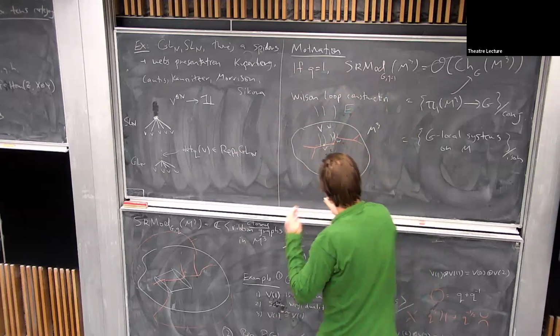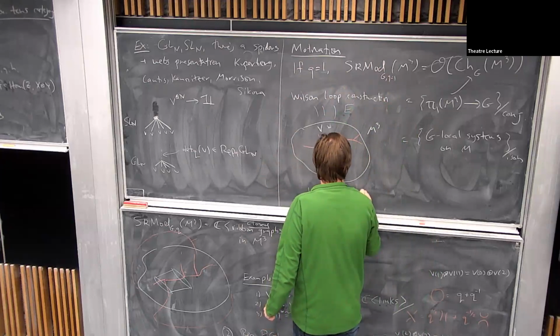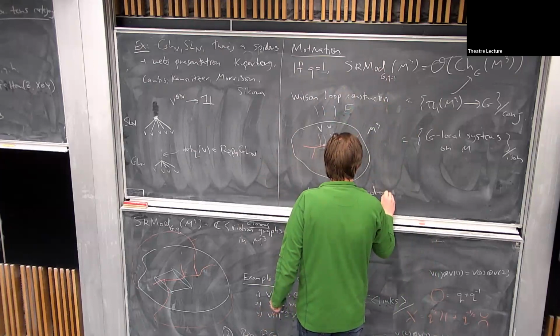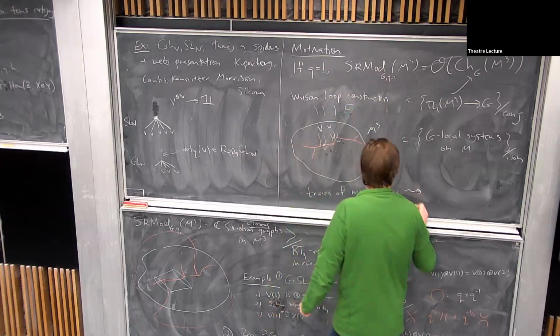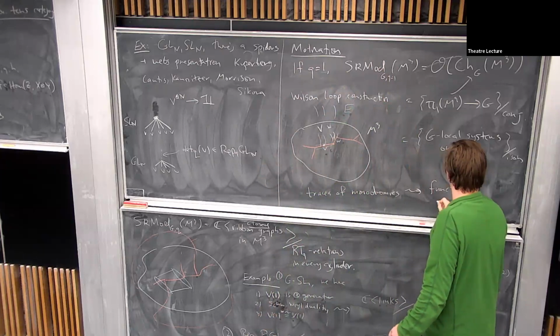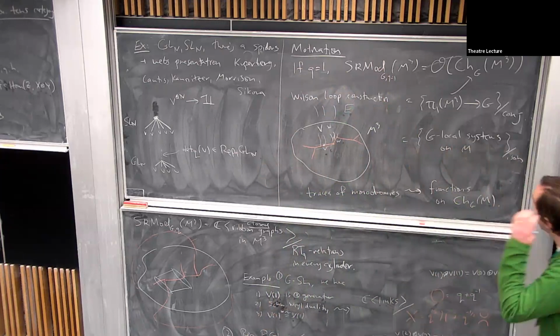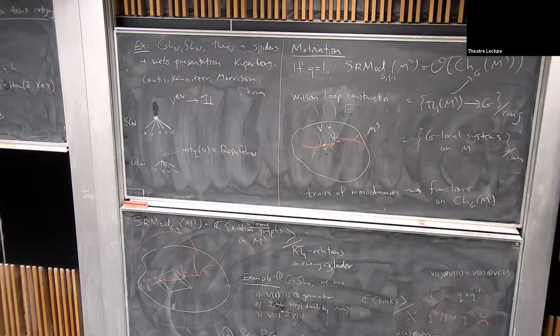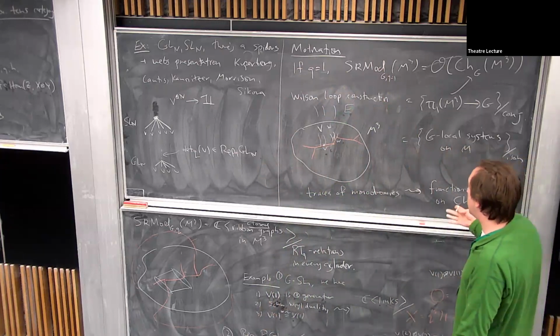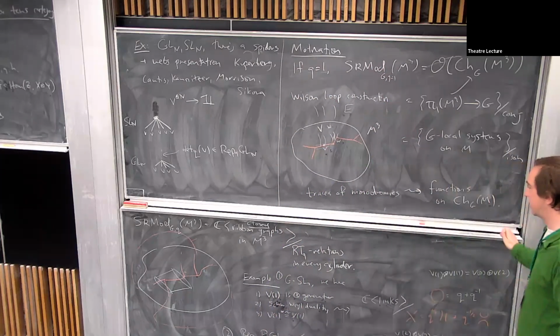And so taking traces of monodromies gives functions. And so when we turn on the q, we're giving some sort of deformed Wilson loop operators in this theory.